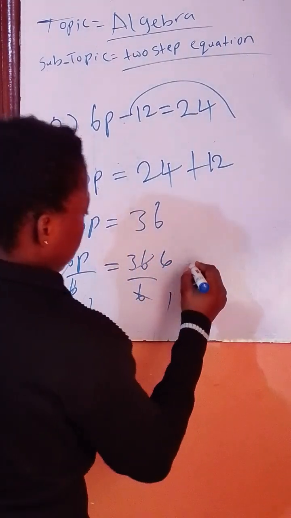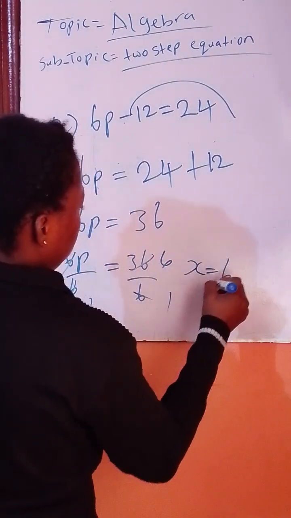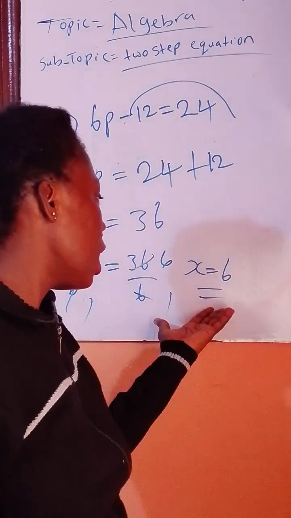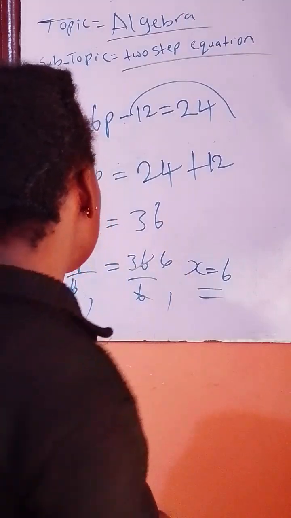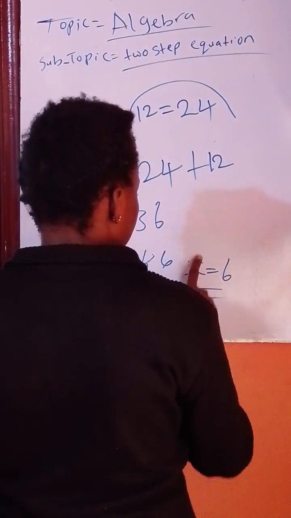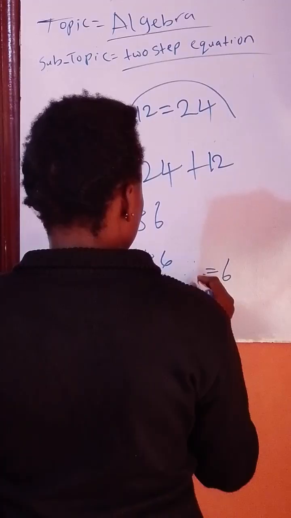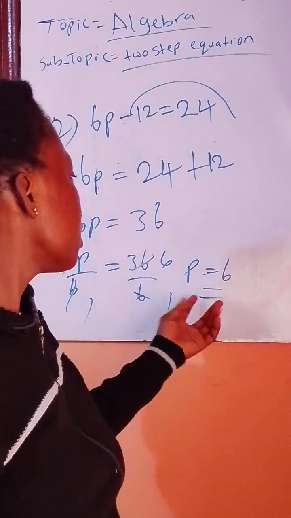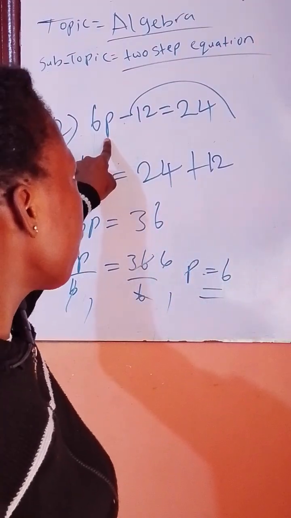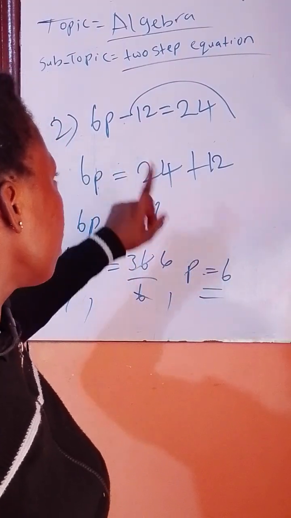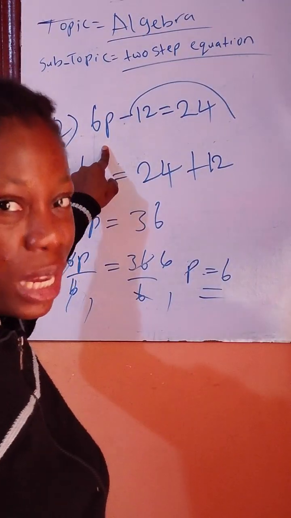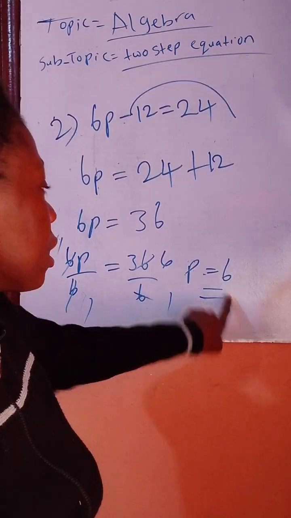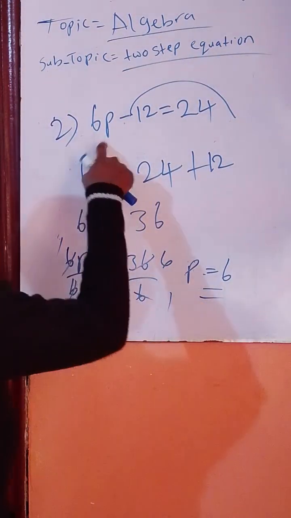Then we are left with p equals 6. Before, we did not know our p. Now we have gotten our p. Our p is 6, because this is our p here. Then we replace this p with 6.